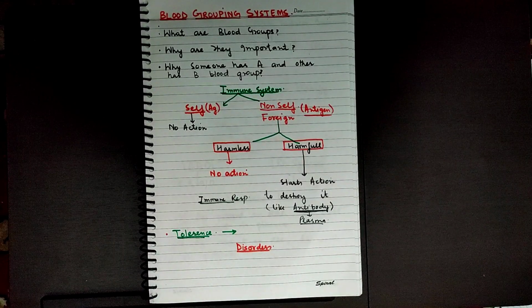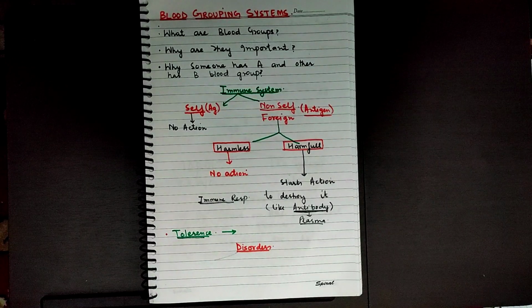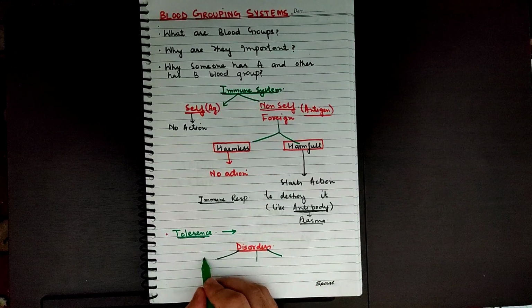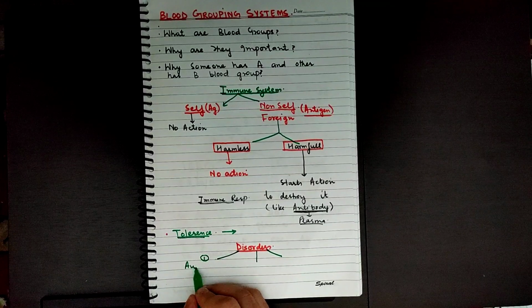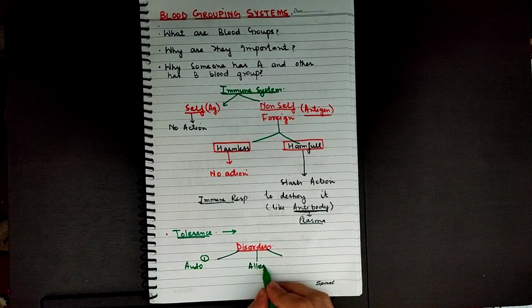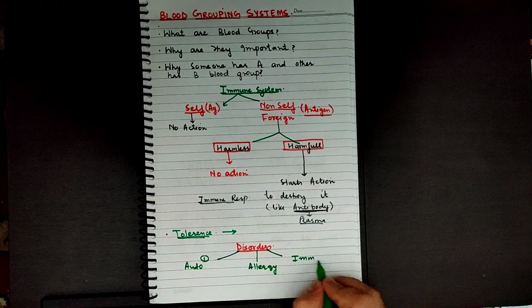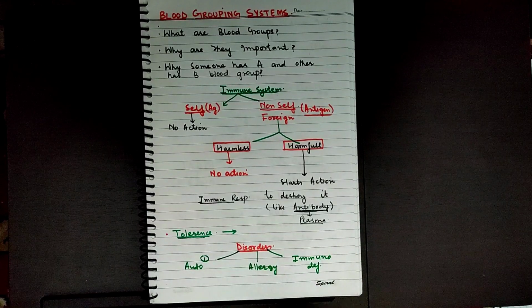Let me tell you regarding different disorders of the immune system. We can have three types of disorders of the immune system. We can have autoimmunity, we can have allergy, and we can have immunodeficiency. These are three basic kinds of disorders which can be present in the immune system.